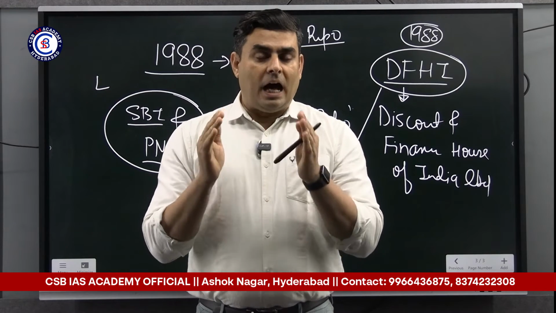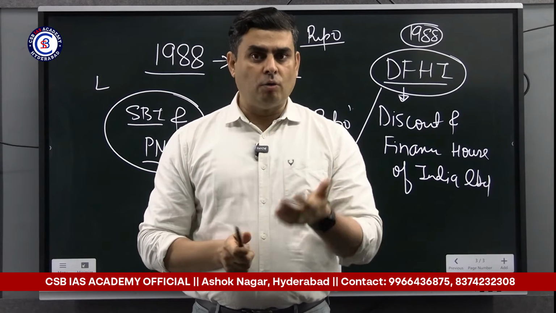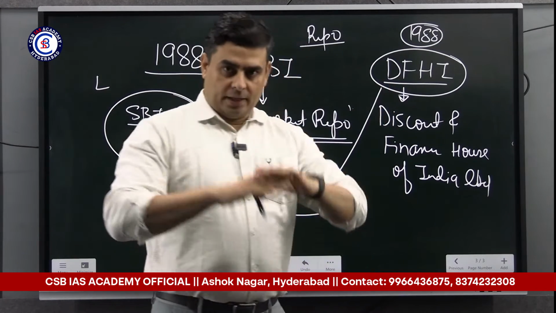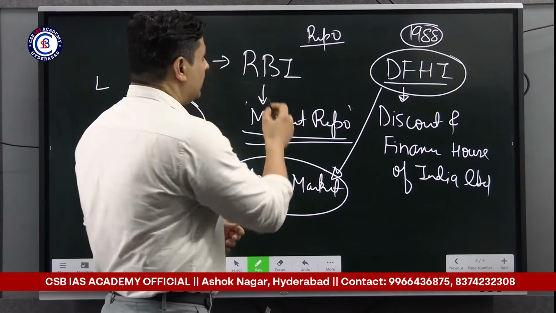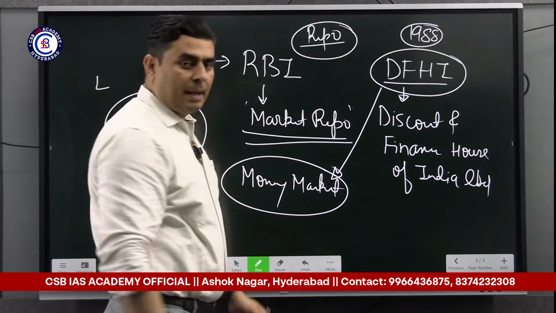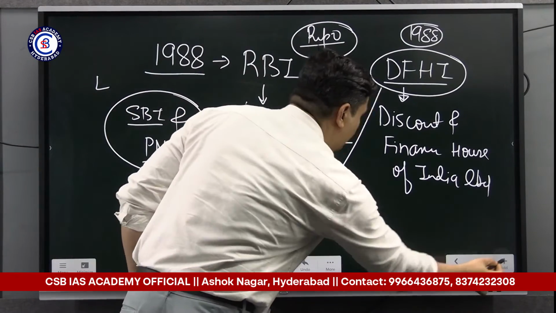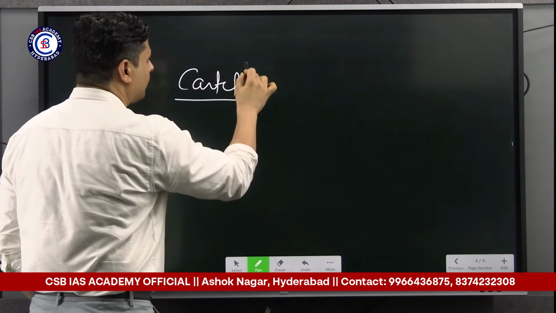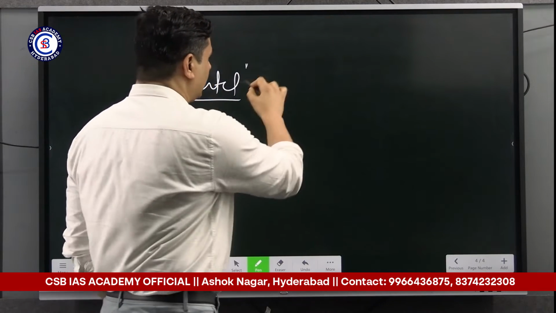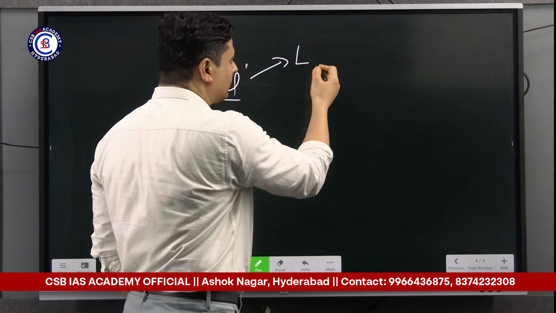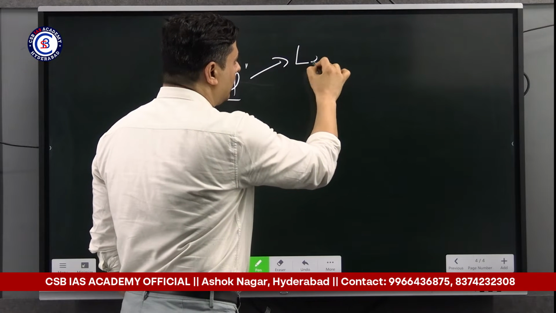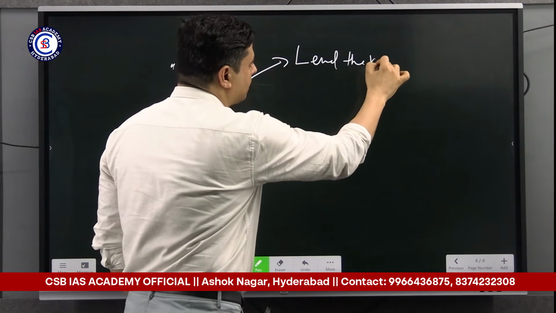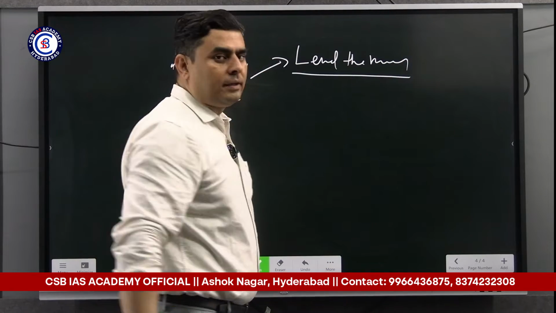And RBI, when it investigated, found that under DFHI, these repo operations are happening, but certain banks have created a cartel, especially those banks who are always in a position to lend the money.